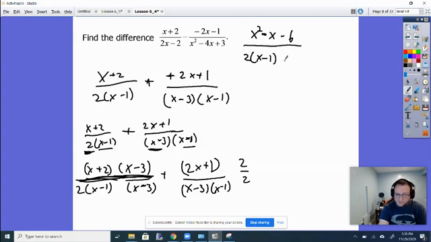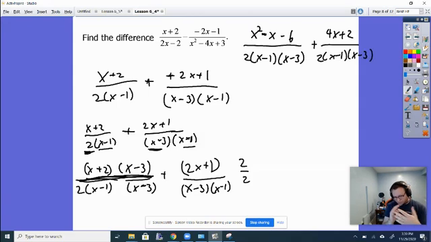Leave the denominators for now. There's no point in doing it. Plus, distributing this 2, I'm going to get 4x plus 2 over 2, x minus 1, x minus 3. Okay, remember, as long as you're keeping things together, multiplication is commutative, you can move it around.